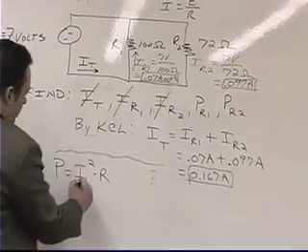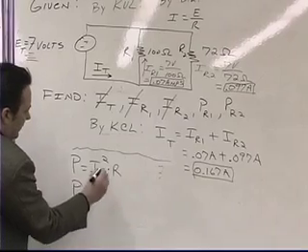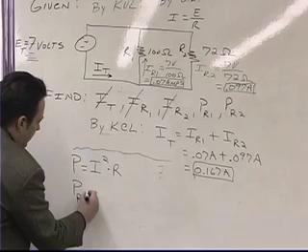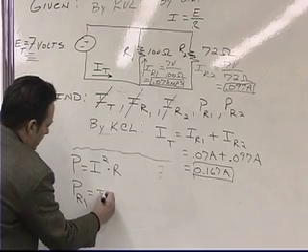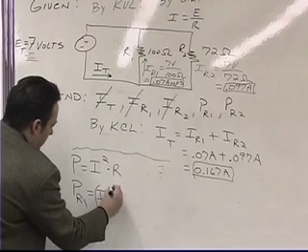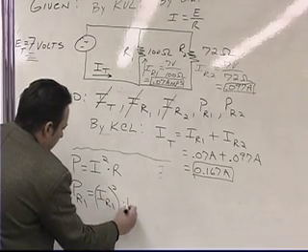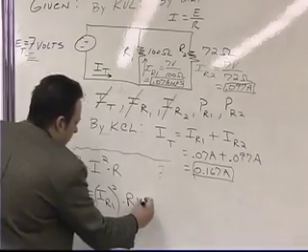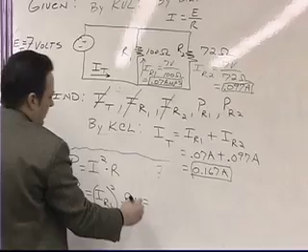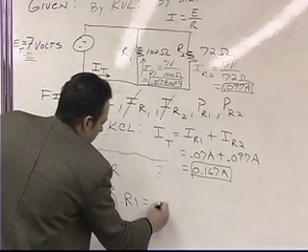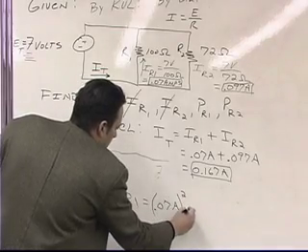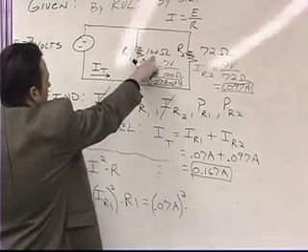So the power that's dissipated in resistor number 1 is going to be equal to the current that's flowing in resistor number 1, quantity squared, multiplied by resistor 1. And that's simply going to be equal to 0.07 amps quantity squared multiplied by 100 ohms.